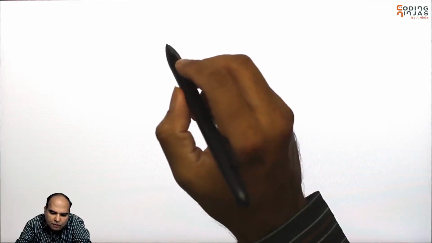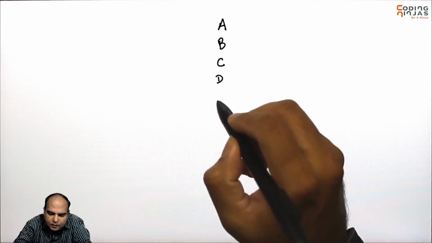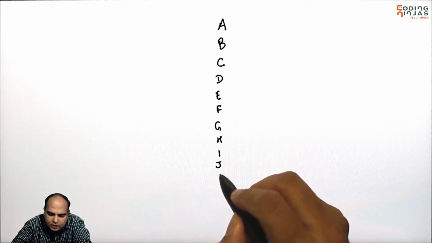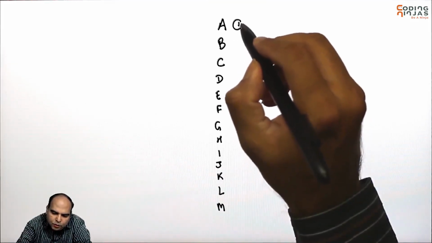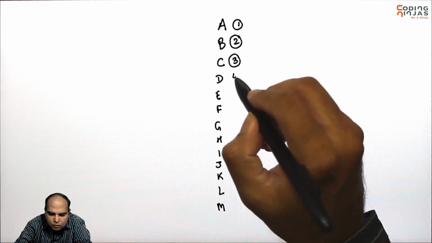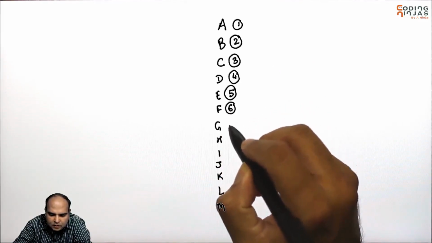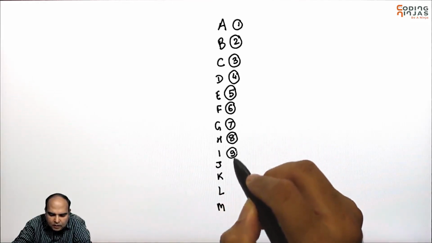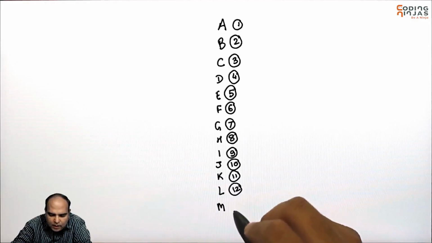As we know, the English alphabet has 26 letters: A, B, C, D, E, F, G, H, I, J, K, L, M are positioned as 1, 2, 3, 4, 5, 6, 7, 8, 9, 10, 11, 12, and M is the 13th letter.